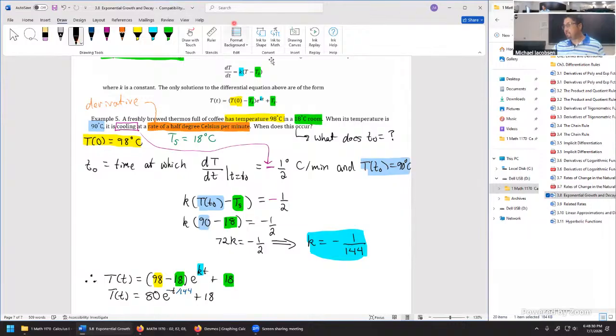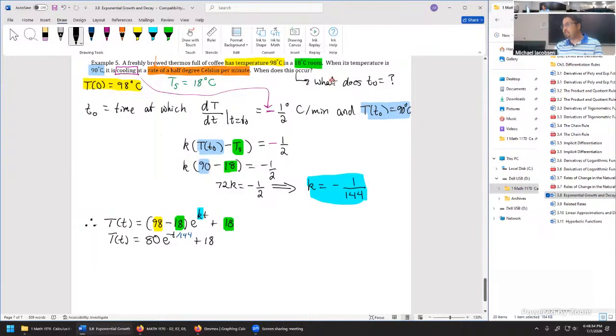plus 18. So we're done with the formulas above, but we still haven't answered the original question. When its temperature is 90 degrees Celsius, it's cooling at a rate of 0.5 degree Celsius per minute. We want to solve what T naught equals, but that means we can just go to this line, temperature at time T naught is 90 degrees Celsius.